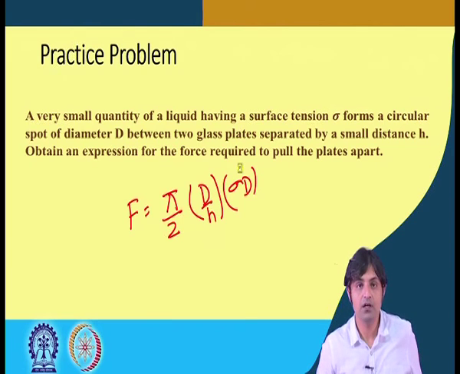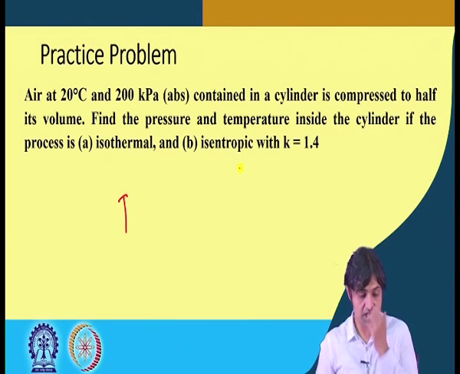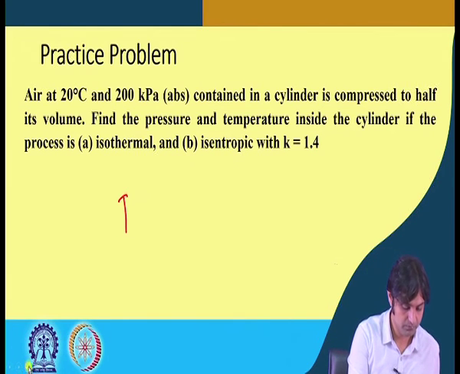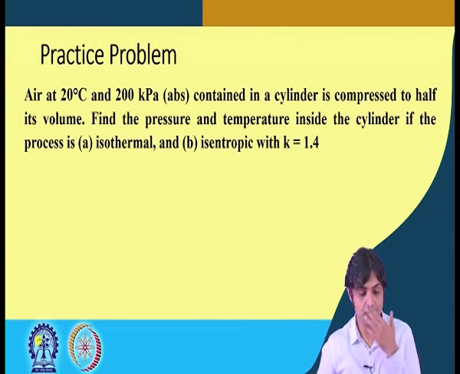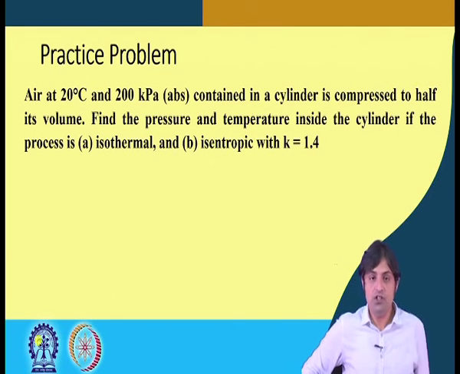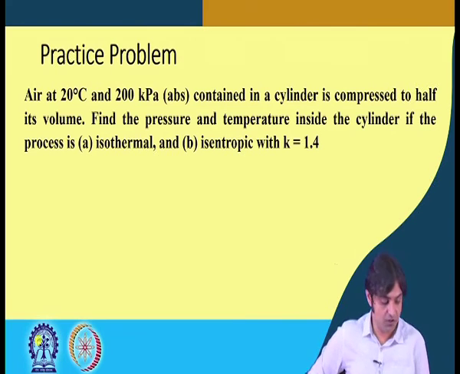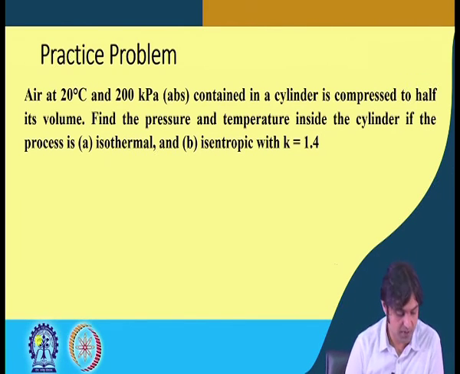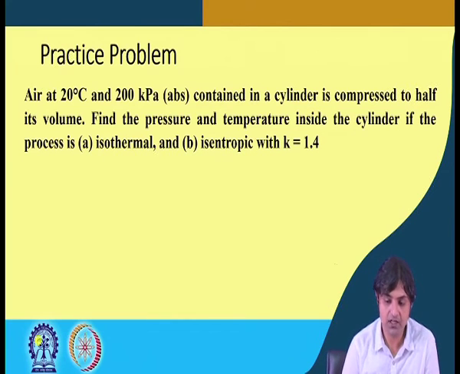Okay, now we go to our next problem, that is related to the air and the compression, so mainly related to the gas laws. Air at 20 degrees centigrade and 200 kilopascal contained in a cylinder is compressed to half its volume.